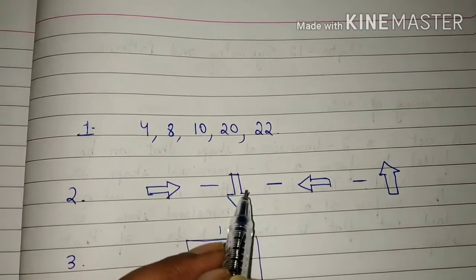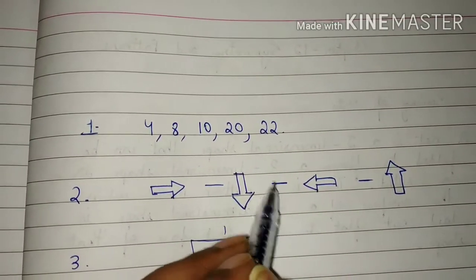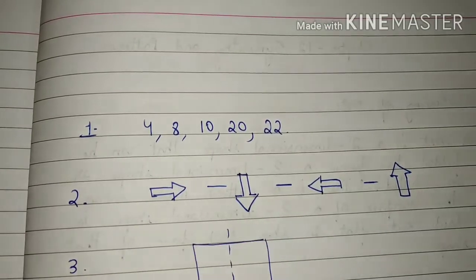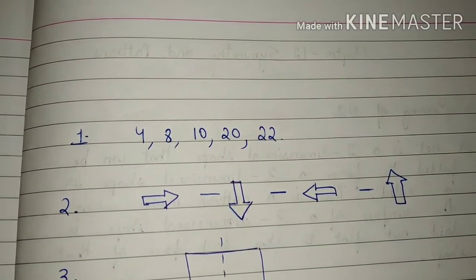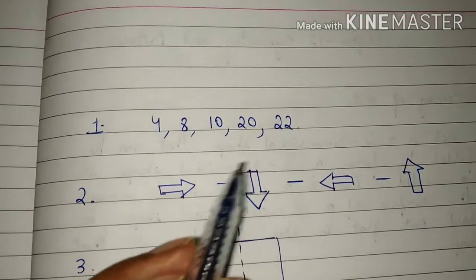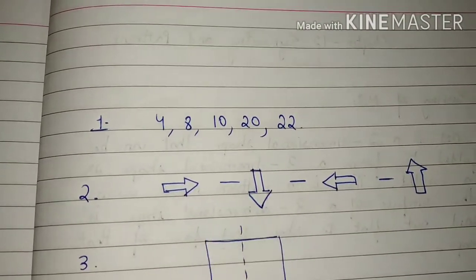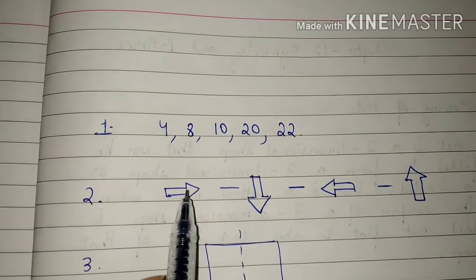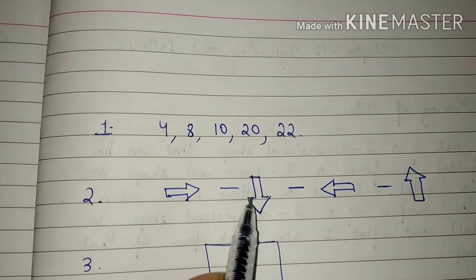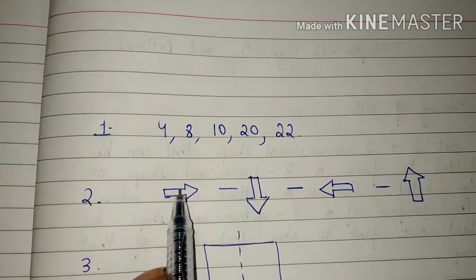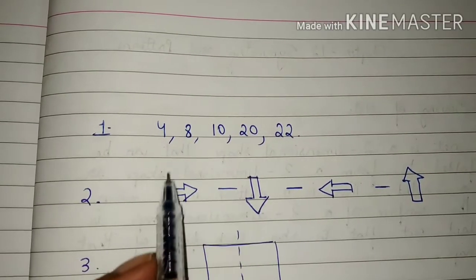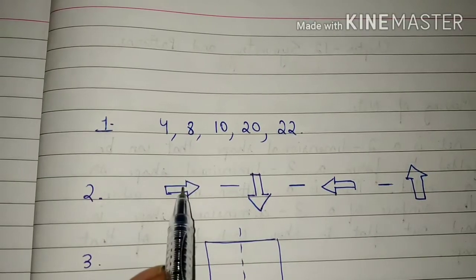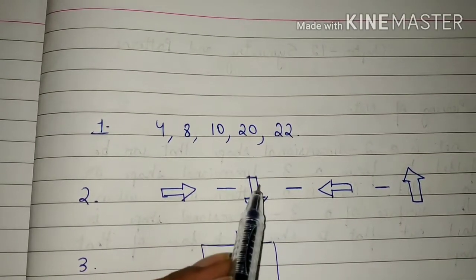So students, you can see that here we are turning this arrow only one time. It means every time we are rotating this arrow only one time. So students, you can see that here we are making pattern by turning the shapes. See, firstly we have rotated this arrow only one time, then it looks like this.